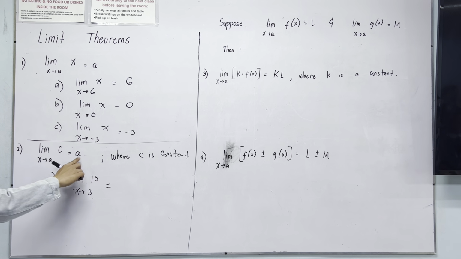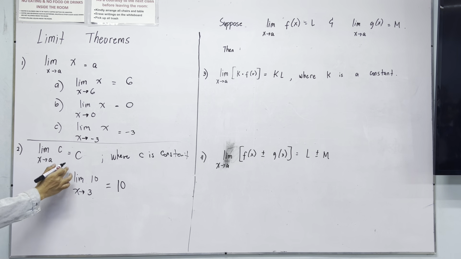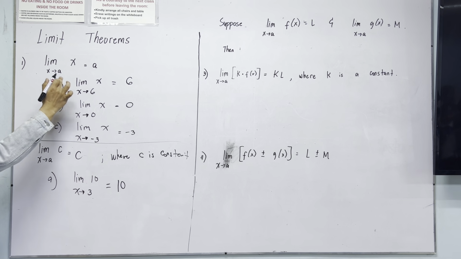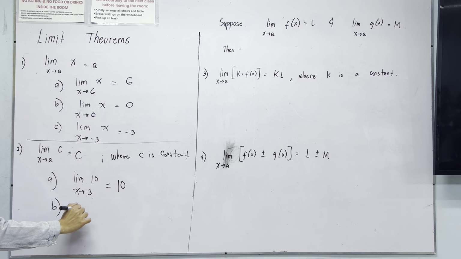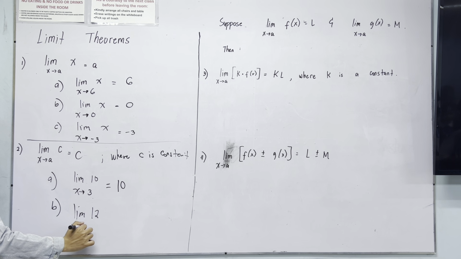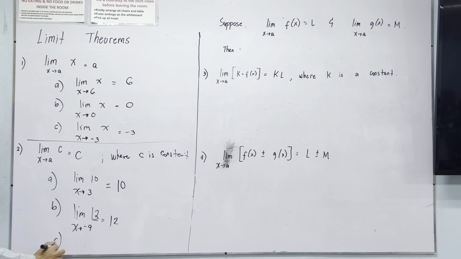Ay, baliktad. This must be c. So, this is 10. Kasi kung a pa din yun, wala siyang pinagkaiba kay number 1. Limit of 12 as x approaches negative 9. So, the constant. Limit of 11 as x approaches 16.